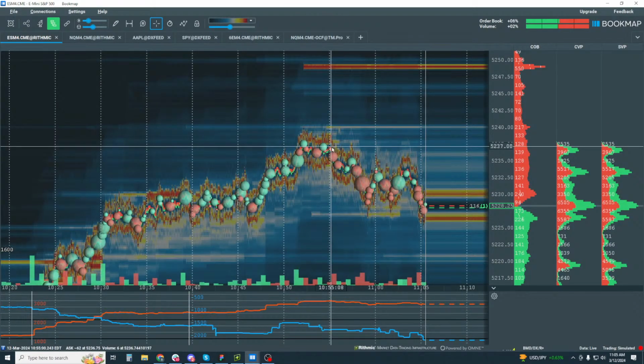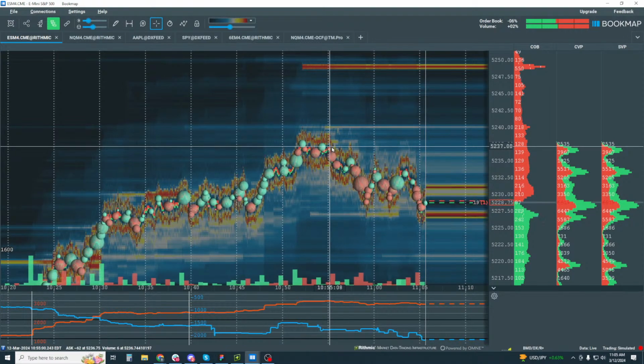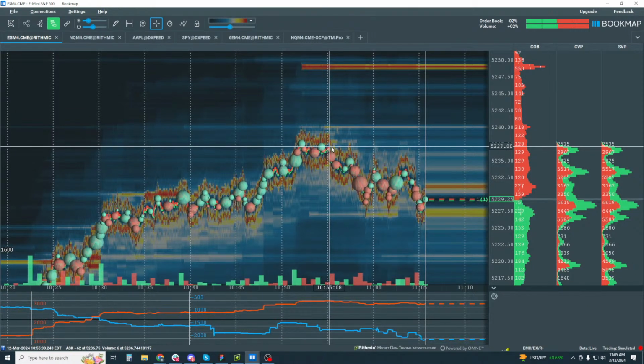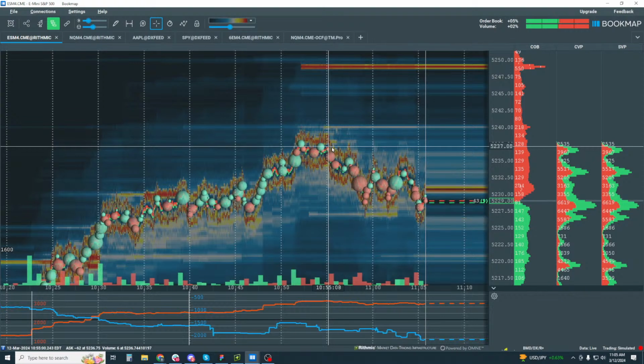Anyway, we're looking for a transition from buyers to sellers or sellers to buyers, on all types of time frames here.